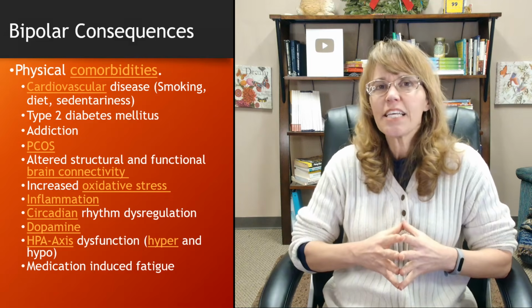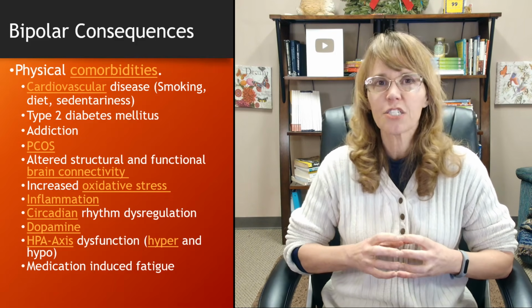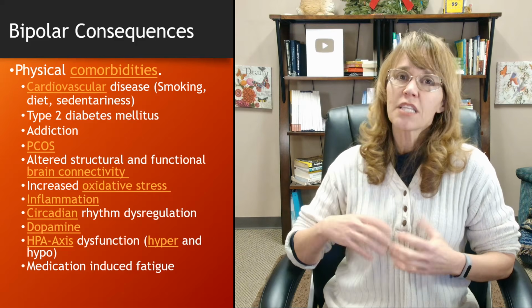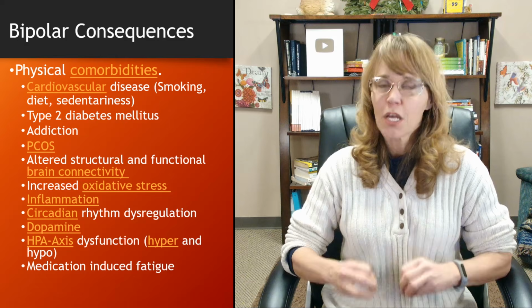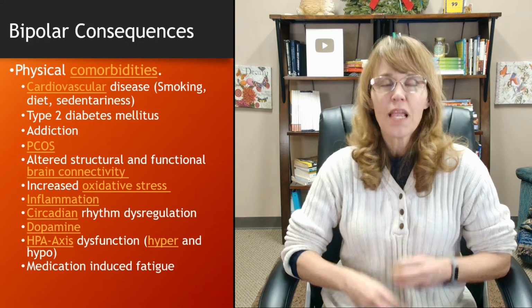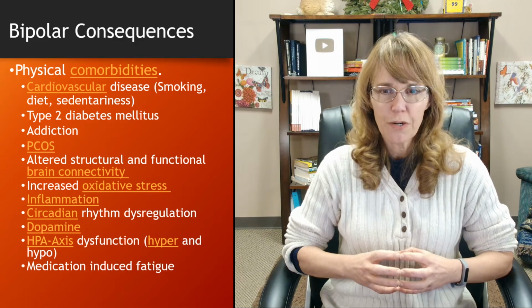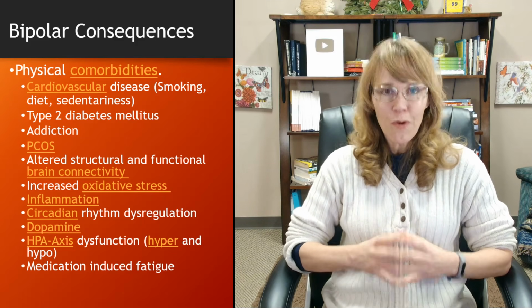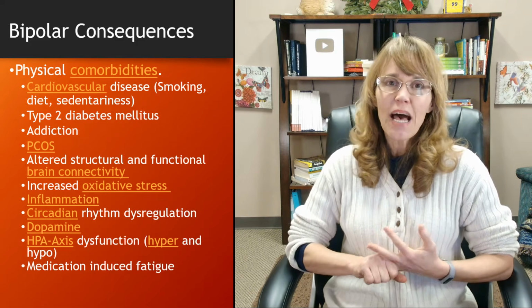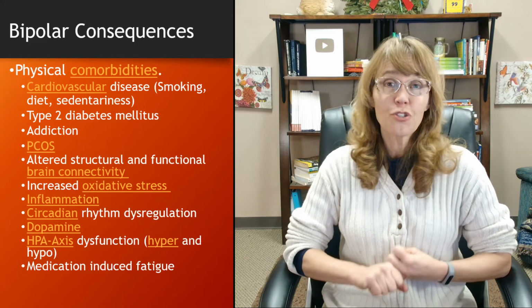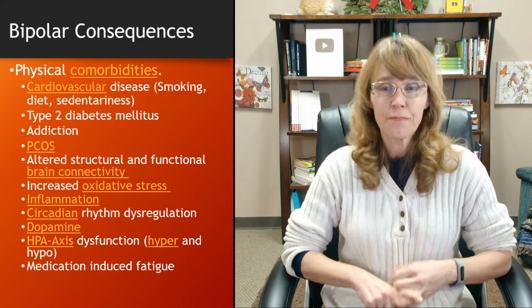Interestingly, PCOS, or polycystic ovarian syndrome, also has a high co-occurrence with bipolar disorder, which lends more support to the notion that in some people who are biologically female, hormone swings may contribute to bipolar disorder. We know that hormones, testosterone, estrogen in particular, impact the availability of other neurotransmitters, including norepinephrine and serotonin.